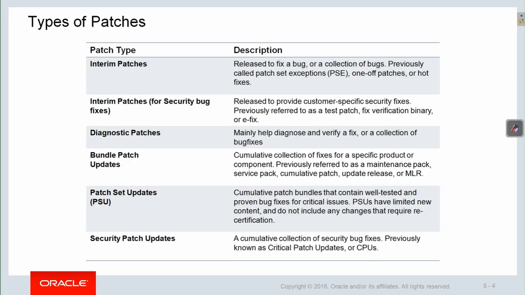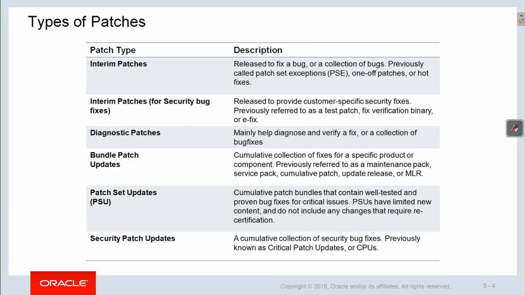And we also have another patch type, PSU, patch set update. It's an update to patch set. It is a cumulative patch bundle that contains well-tested and proven bug fixes for critical issues. And also we have a security patch update. All these are patch types.